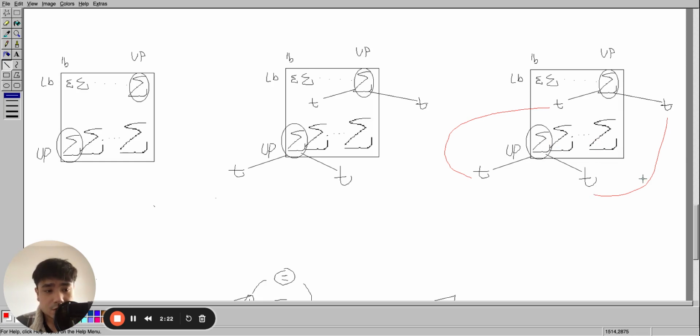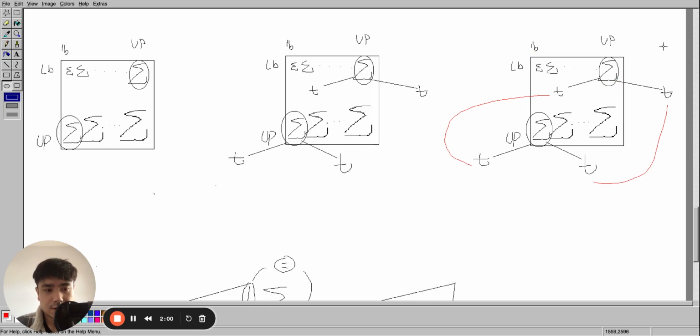However, if you follow this line, we can make a generalization on all the values of the lower bound. We can say, oh, t exists here, so all these values must be smaller than this particular t value, right?